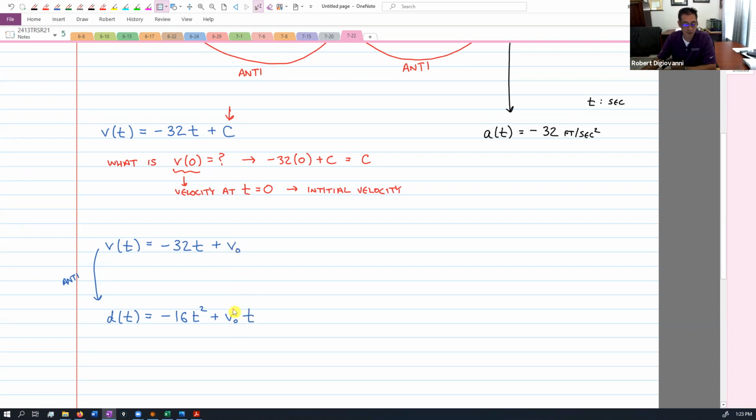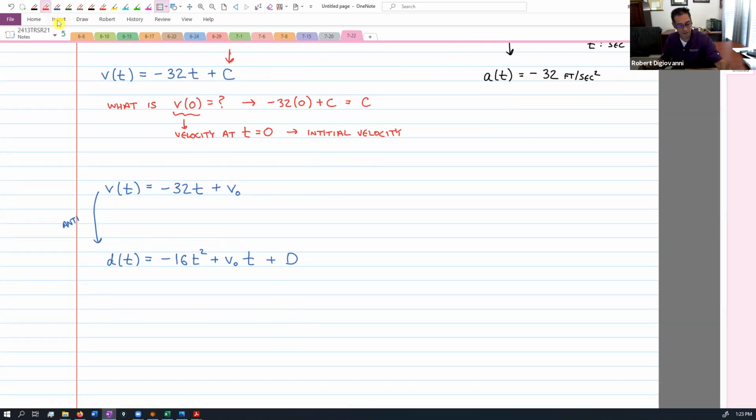Whatever this number is, it's that times t. Plus what? C, but I'm going to use capital D because we already used C. So the antiderivative of negative 32t is negative 16t squared. The antiderivative of the constant v naught is v naught times t, plus some other constant that I don't know.